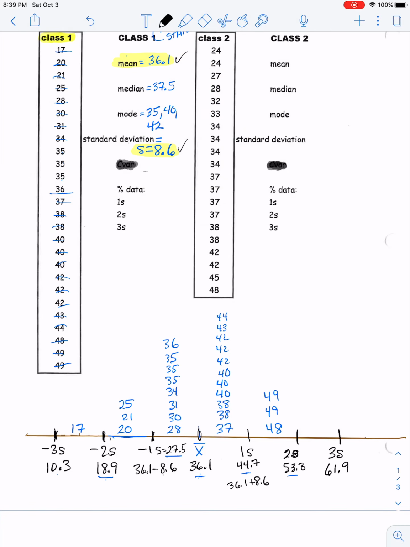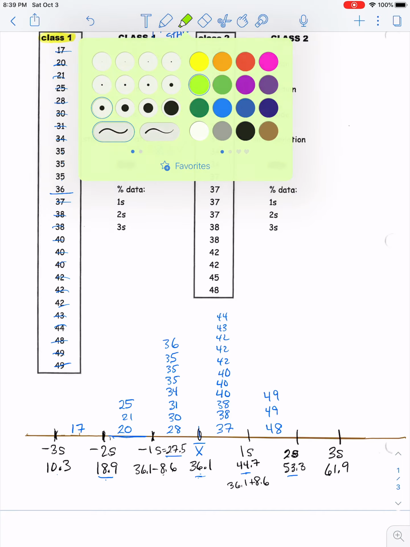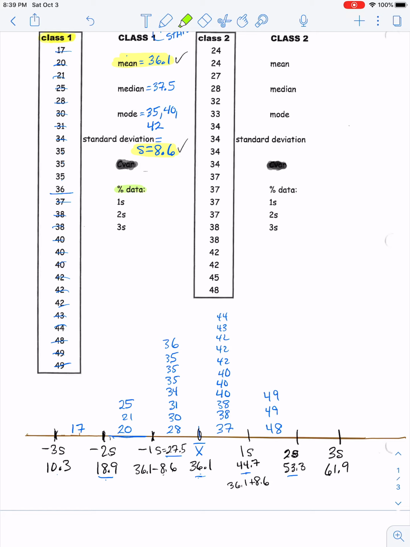what percent of the data, I'll change colors here, is going to be within plus or minus 1 deviation of the mean?